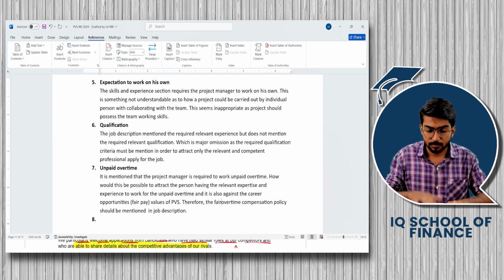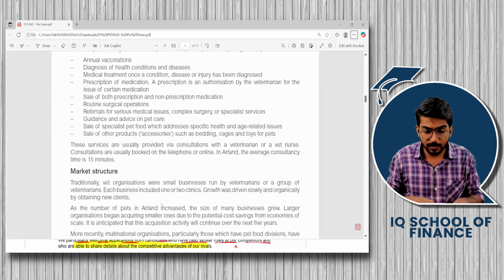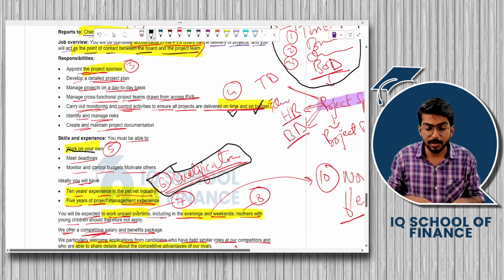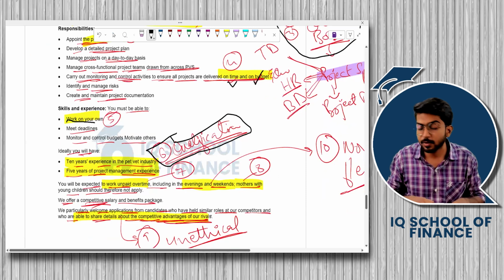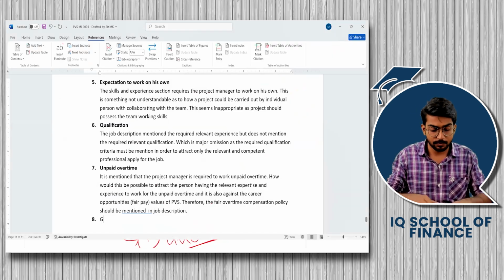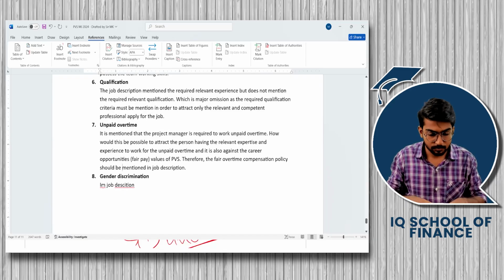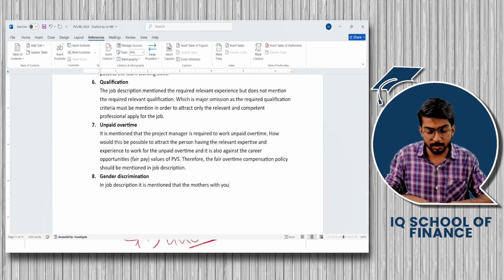All right. So the point number 8, we have already marked it here about the discrimination thing, right? So let us draft the point related to gender discrimination in the job description. Again, I'm starting from the mothers with young children should not apply.